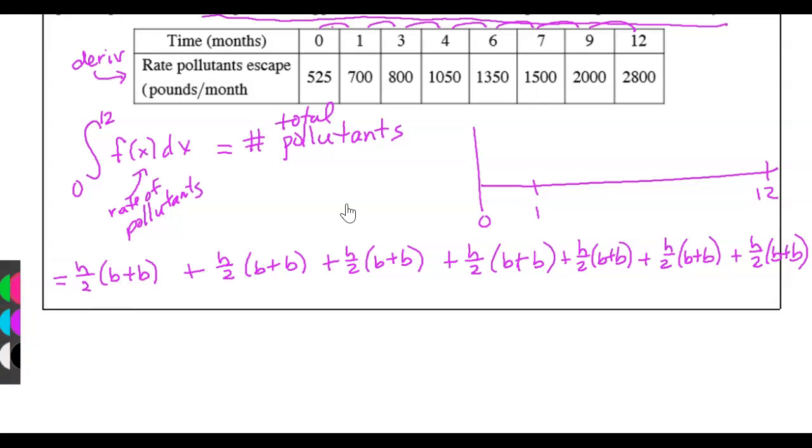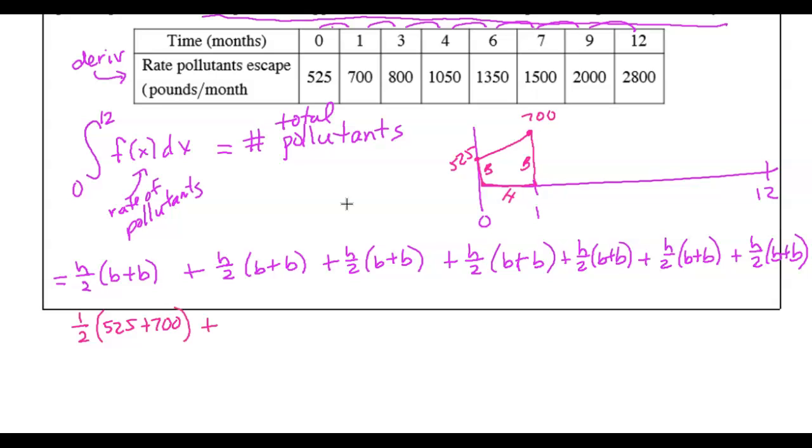Okay. So the height of the first, we've got 0 is at 525 and 1 is at 700. So when we go to draw our trapezoid, remember, this is my height and this is my base and base. So we get 1 and then 525 plus 700. So you could probably do this without a picture.